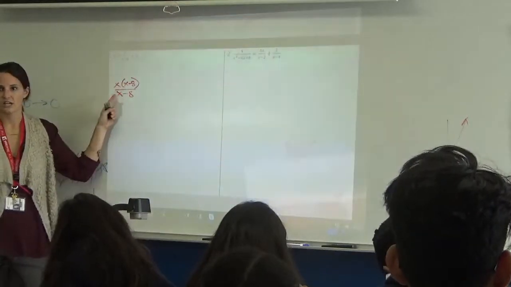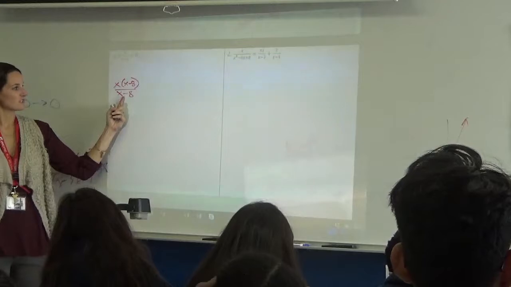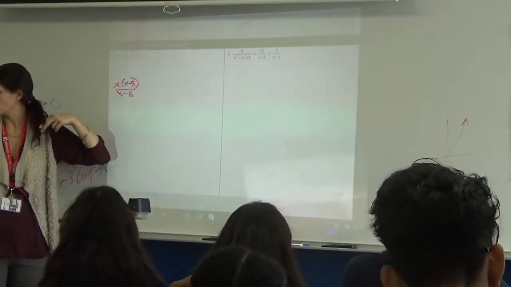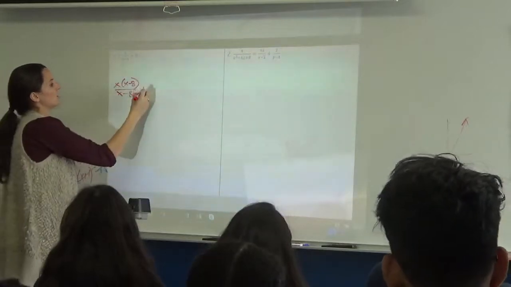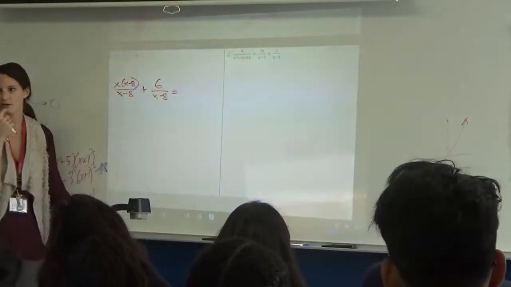Picture those canceling out. That's the same thing as just having x, because x minus 8 over x minus 8 is 1, they would cancel. Plus 6 over x minus 8. Now we've got a nice common denominator.